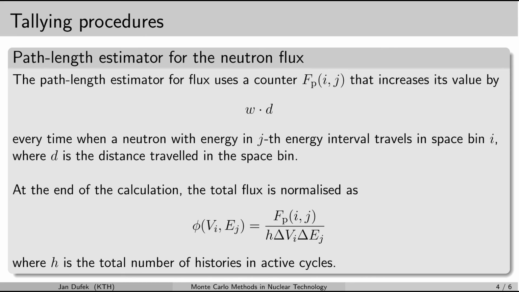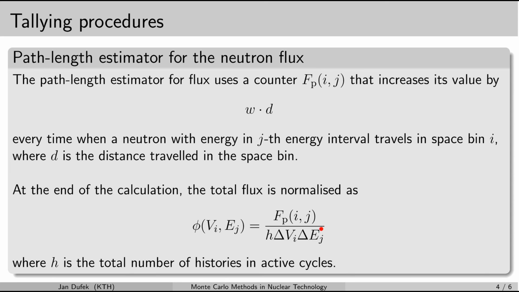So this estimator is actually more straightforward than the collision estimator, because it really combines the distance that the neutrons travel within the different spatial bins. Now again, the counters are normalized at the end of the simulation, so it's divided by the total number of all neutron histories that are simulated during all the active cycles.